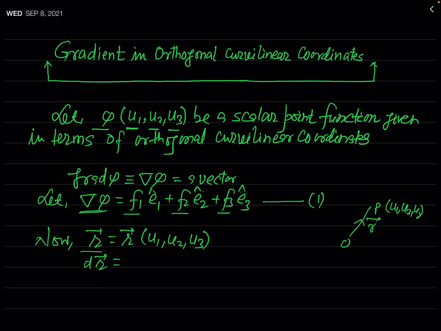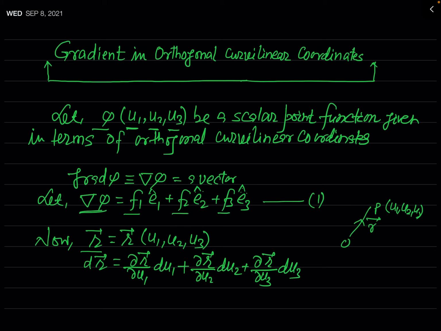We differentiate r partially with respect to u1, then with respect to u2, and then with respect to u3. So dr is written as del r by del u1 du1, plus del r by del u2 du2, plus del r by del u3 du3.